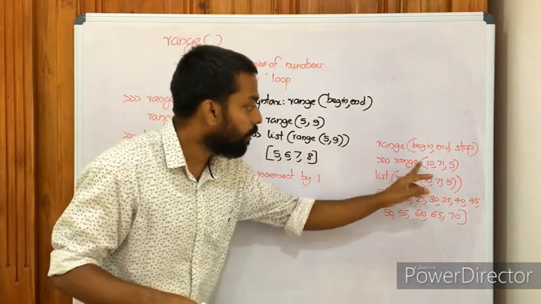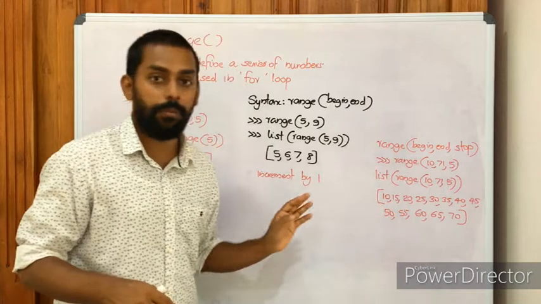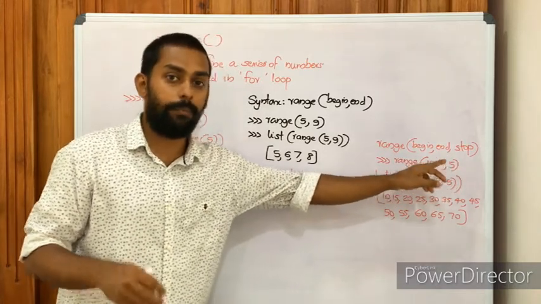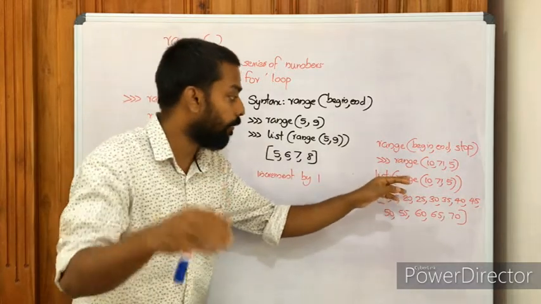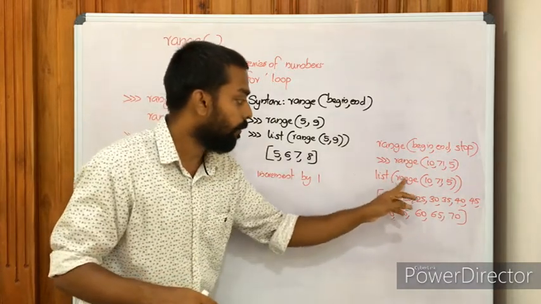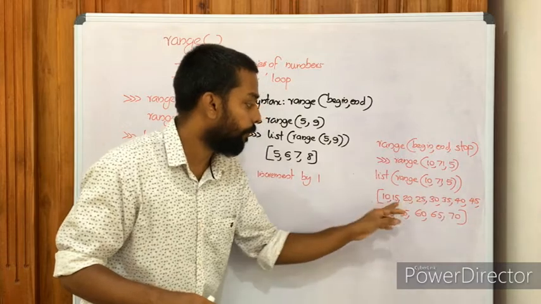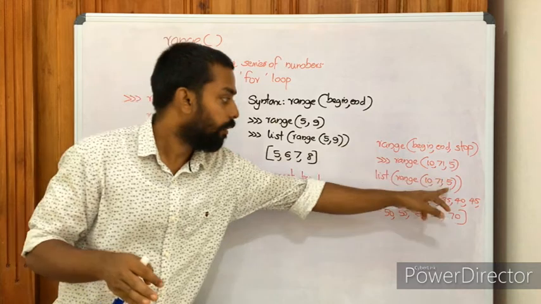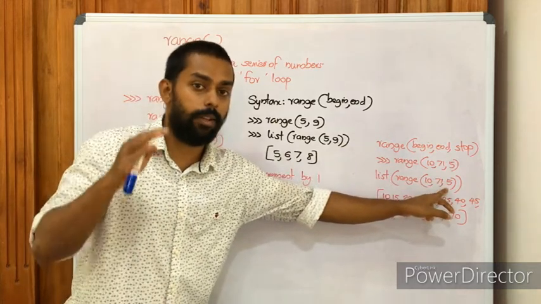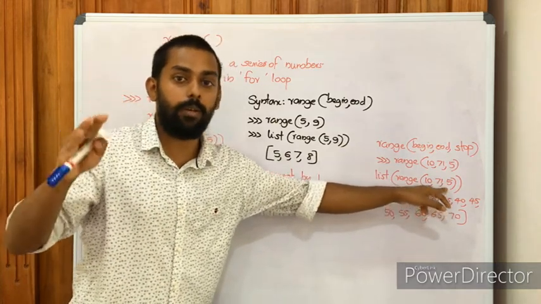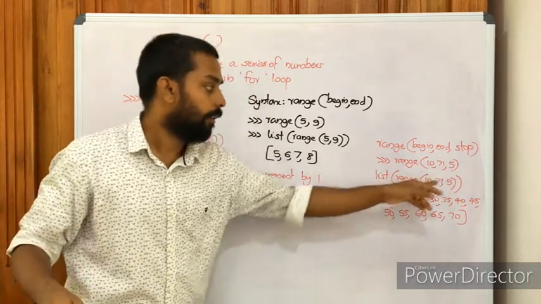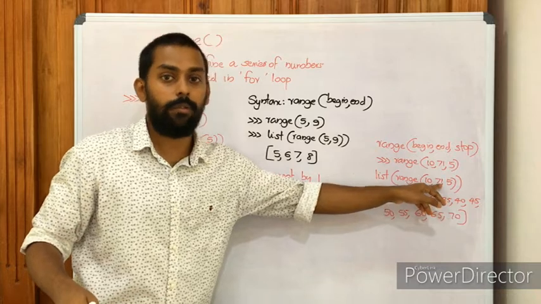So range of 10 comma 71 comma 5: beginning 10, ending 71, and the incrementing value is 5. The values will start with 10, then 15, because we increment by 5, then 20 25 30 35 40 45 up to 70. The ending value is 71.